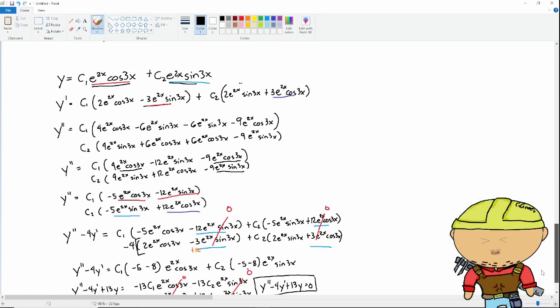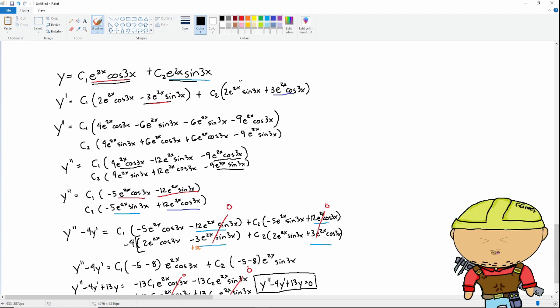In this case, we use the elimination method, but we got lucky because there is a common term in each equation.